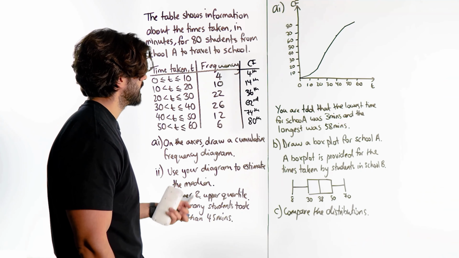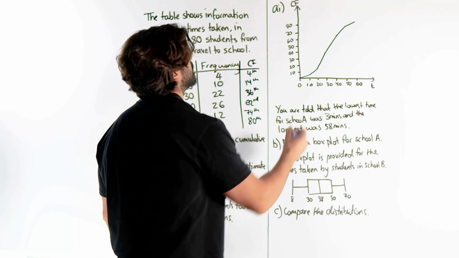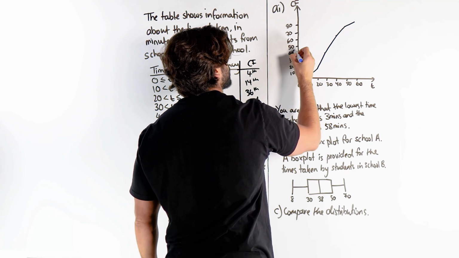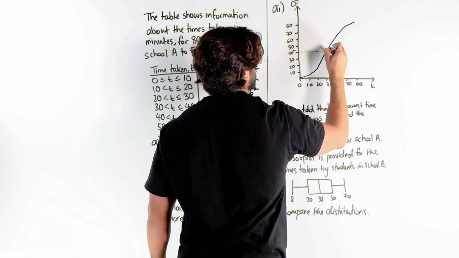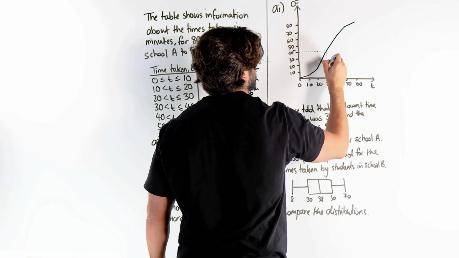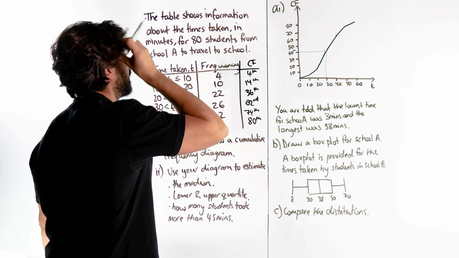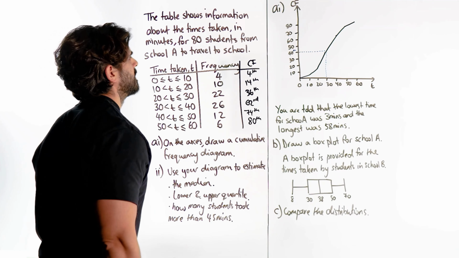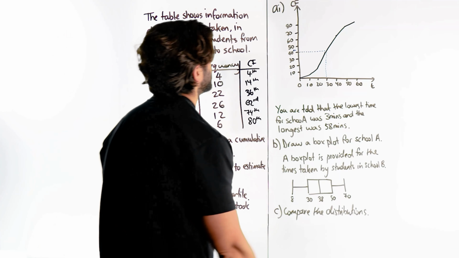The median. The median is the middle value. There's 80 students, we're looking for the 40th value. So here's my cumulative frequency, we're looking for the 40th person. So you're gonna go across, and then you're gonna come down, okay? I'm gonna say, the 40th person really should be between 30 and 40 for me.